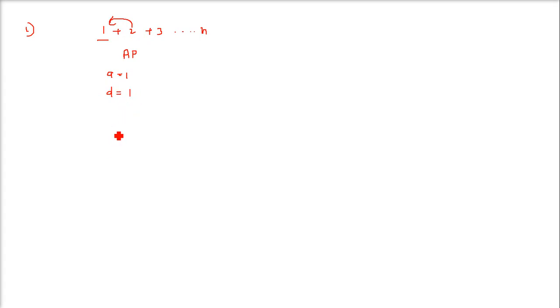Now the sum of n terms is n by 2, and inside this you can have A plus L. A is the first term, L is the last term, so it will be n by 2, A plus L, 1 plus n, that is n into n plus 1 by 2. So this is the sum of first n natural numbers.